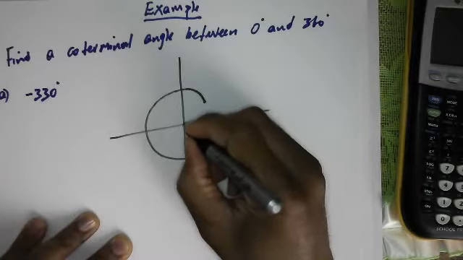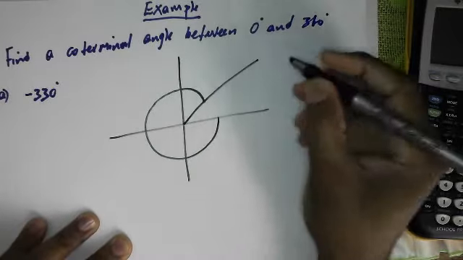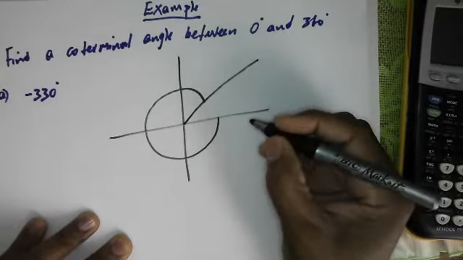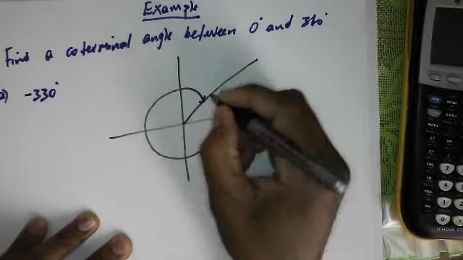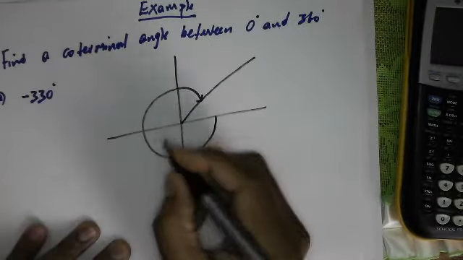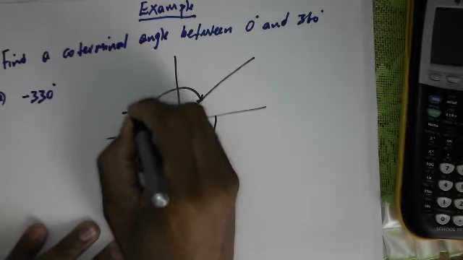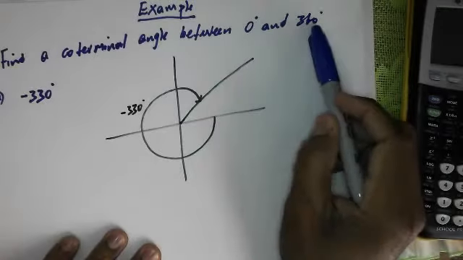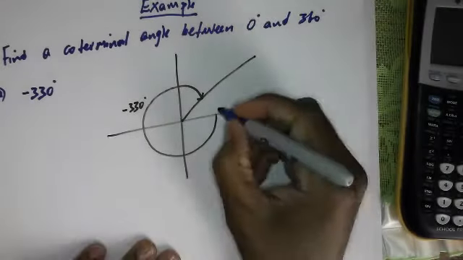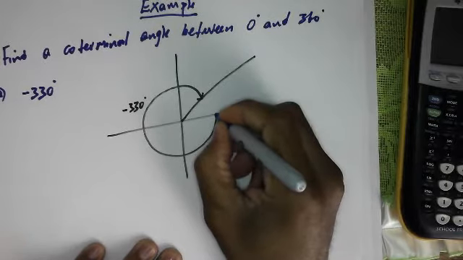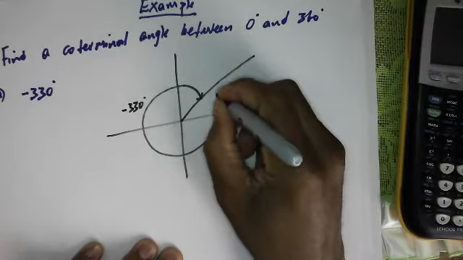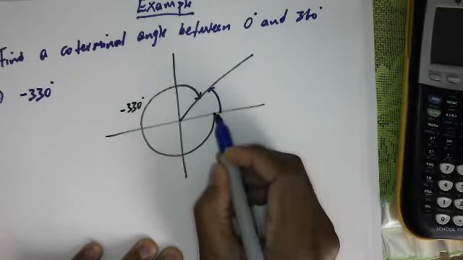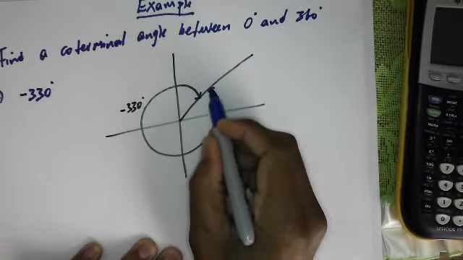This would be my terminal side, and this would be my original angle, which is negative 330 degrees. Now I want a coterminal angle within this domain. It must start from my starting point here, which is my x-axis, and it must end here. So they must have the same starting point and the same ending point.